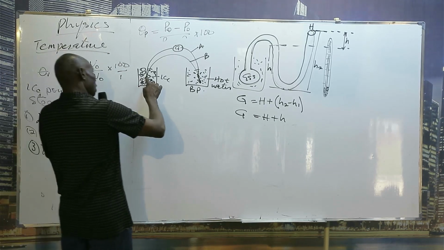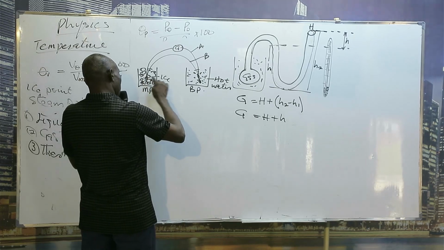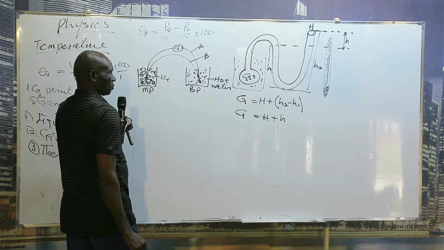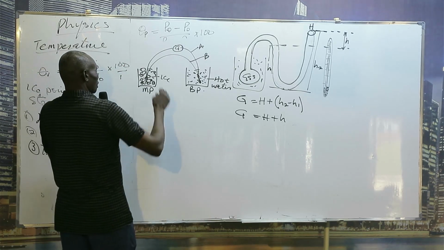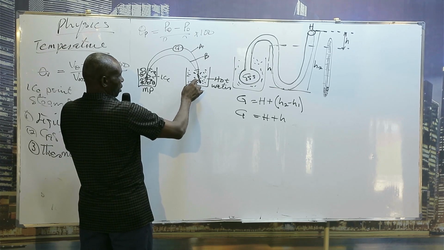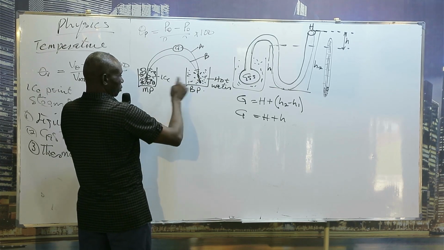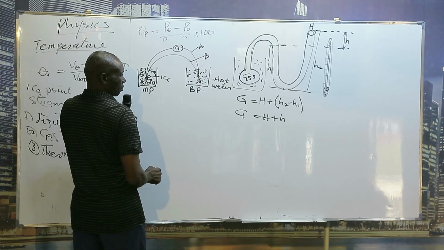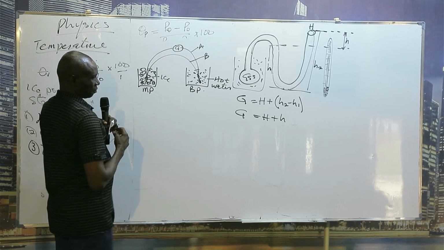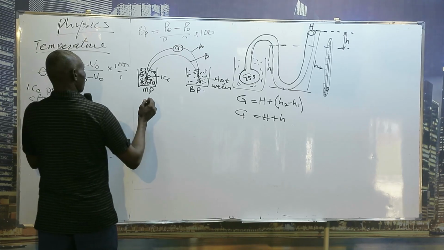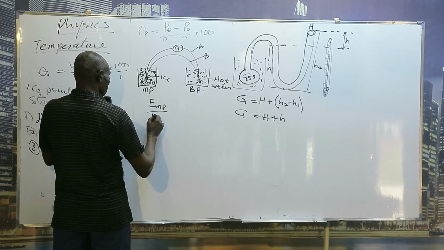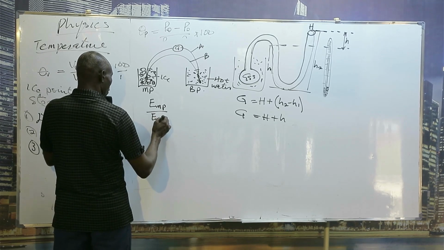So at these parallel joints, the temperature here and the temperature here, these two temperatures are converted by the galvanometer in reading to give you the EMF of melting point over EMF of boiling point.